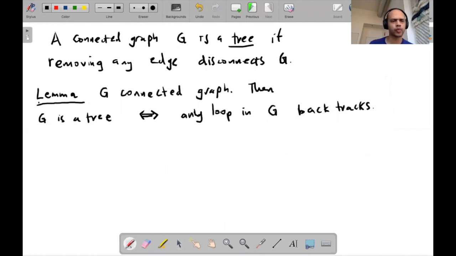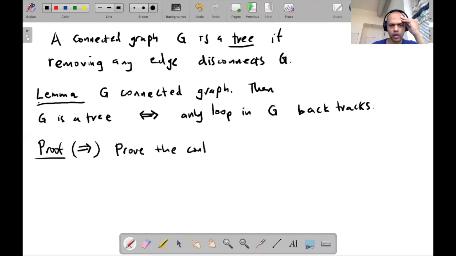Okay, so proof. This is an if and only if statement. We need to prove both directions, both implications. Start with the forward direction. And what we're going to do is prove the contrapositive, which is going to be easier than proving the original statement as stated.